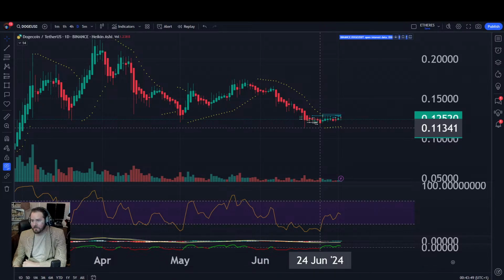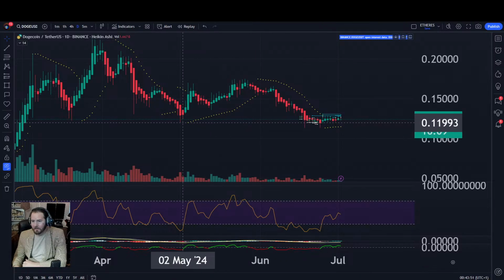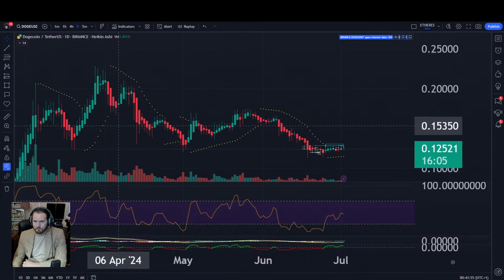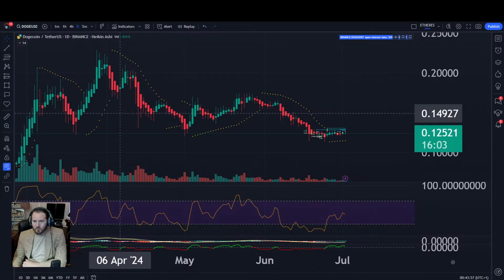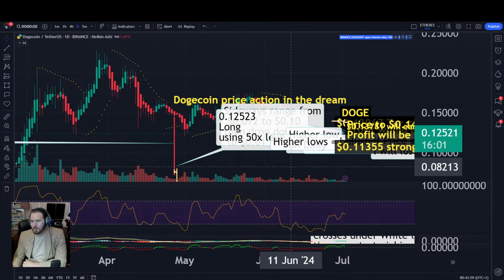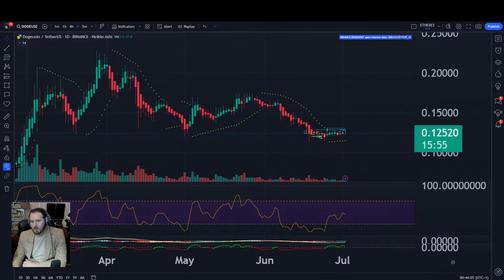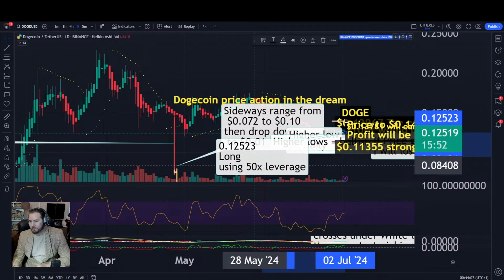About 11.3 something. We had a lower high up here. But Doge right now, let's have so many drawings. So many drawings here. How about this?